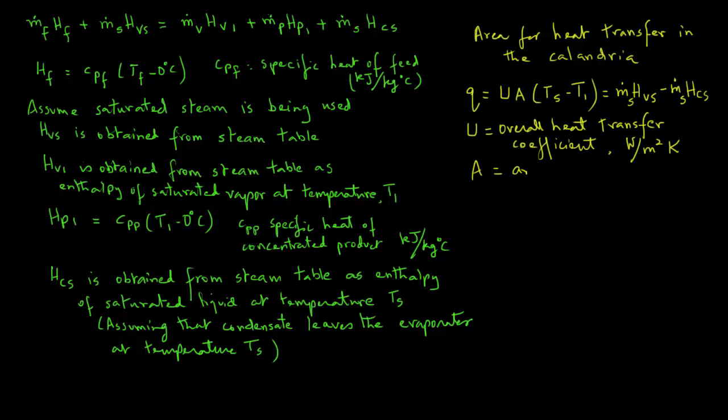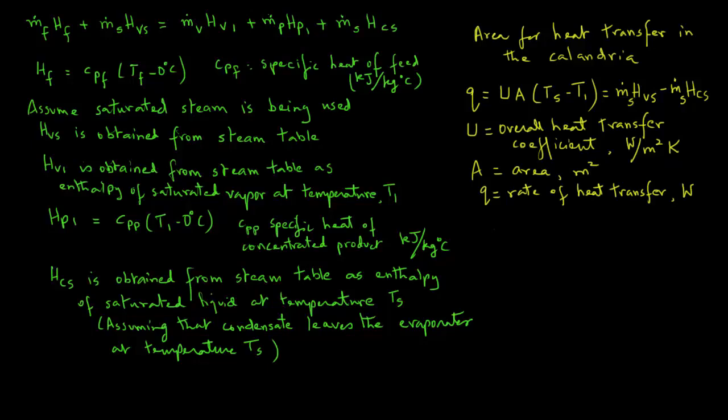A is the area in square meters, and of course Q is the rate of heat transfer in watts. So this equation can be used to determine the area required to accomplish a certain amount of heat transfer for concentrating liquid feed.